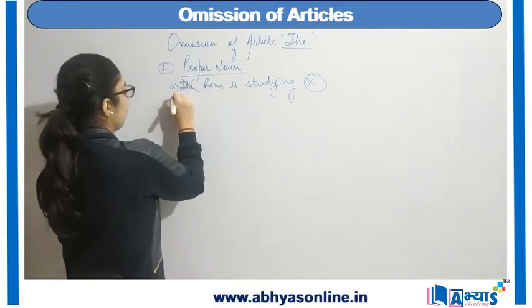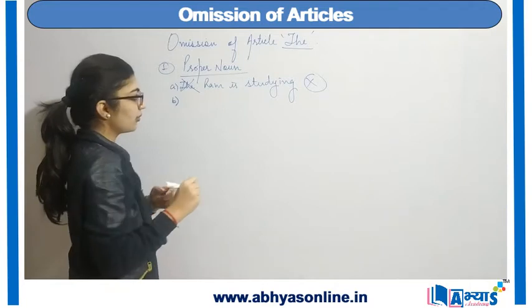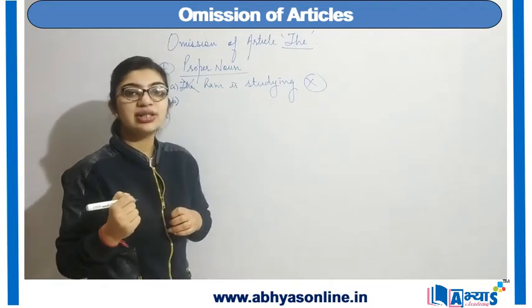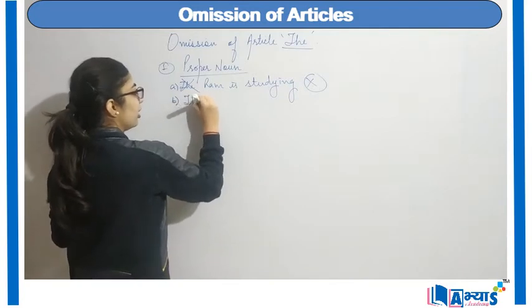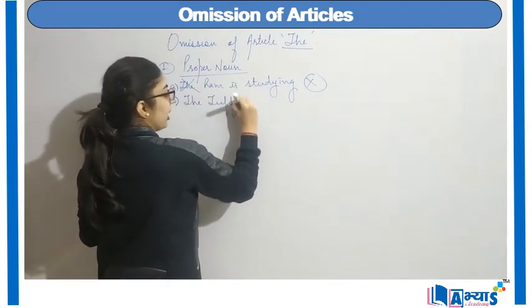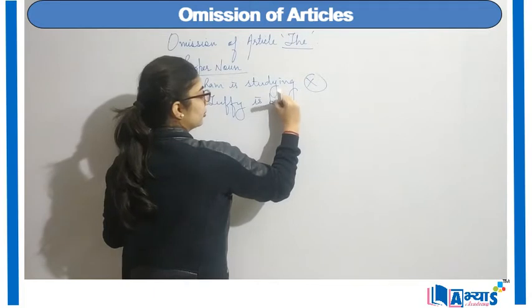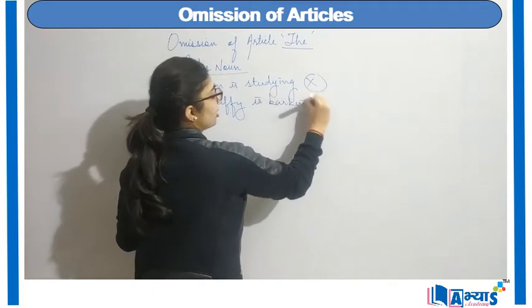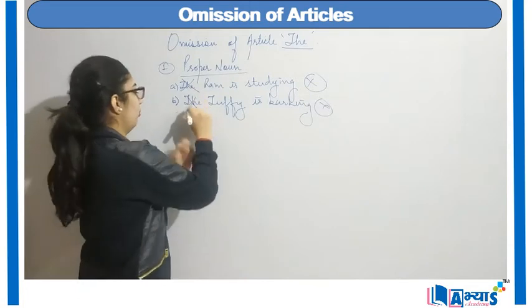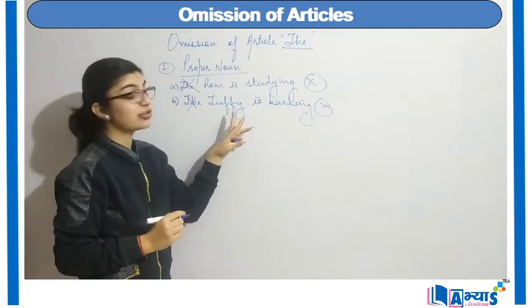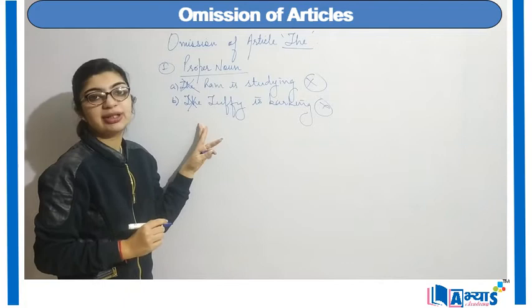Another example: suppose my dog's name is Tuffy, right? So I say "the Tuffy is barking." Again, this is wrong because I am giving a particular name to my dog. I will not be using the article the.